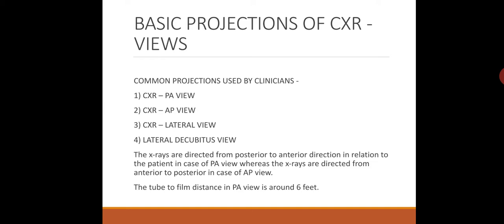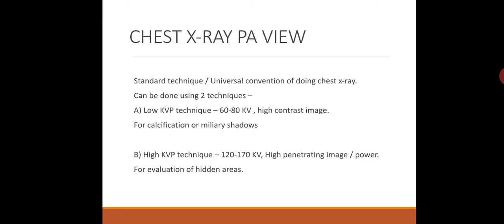The X-rays are directed from posterior to anterior direction in relation to the patient in case of PA view, whereas the X-rays are directed from anterior to posterior in case of AP view. The tube to film distance in PA view is around 6 feet. Chest X-ray PA view is the standard technique or universal convention of doing chest X-ray.